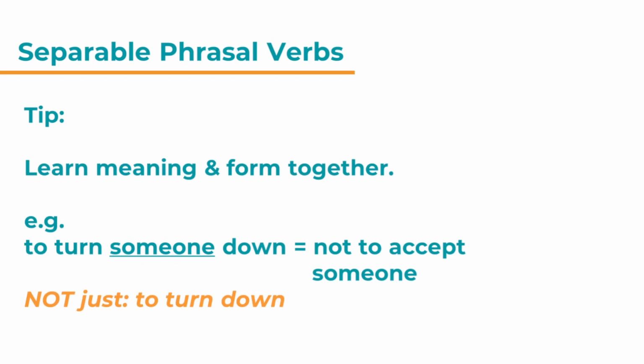Because then you only learn the meaning, but you do not know the grammatical form. If you learn it like this, to turn someone down, you know this phrasal verb needs an object, and the object goes in between, and this phrasal verb is separable. This makes it much easier for you, because you don't just know the meaning, but you also know how to use the verb grammatically.